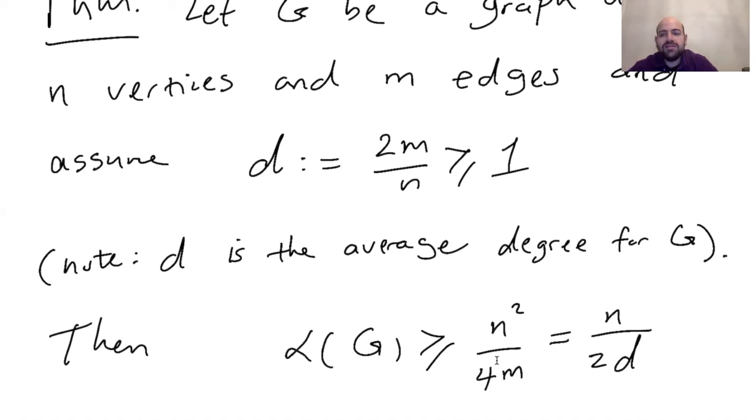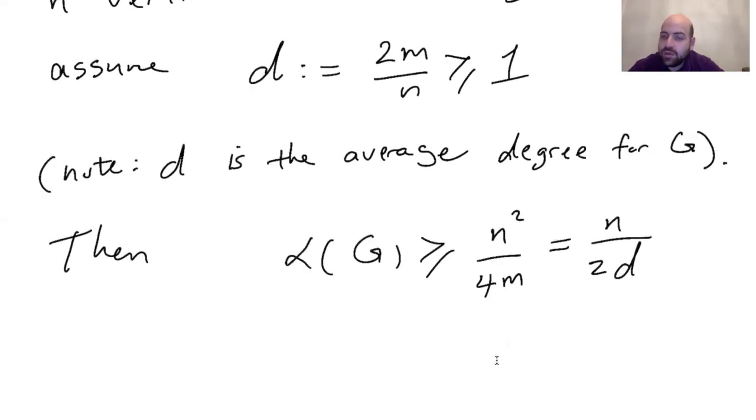So the independence number, which is the size of the largest independent set, also increases. So if we fix m edges and increase n vertices, the independence number should increase, which is consistent with this. The lower bound for the independence number is proportional to n squared, so as you increase n, the lower bound also increases.